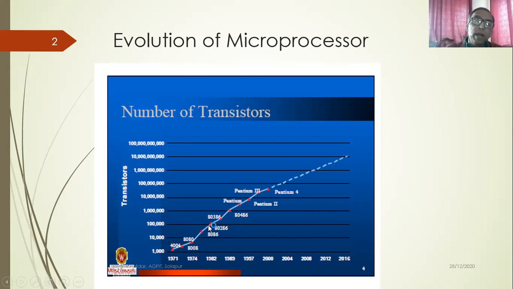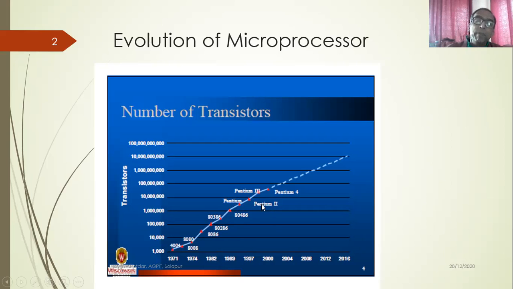And thereafter, you had the advanced processor 80286, which we used to call extended technology XT, then advanced technology AT, then 486, and then the Pentium series with 80586 microprocessors, which were using somewhere around 10 lakh transistors.